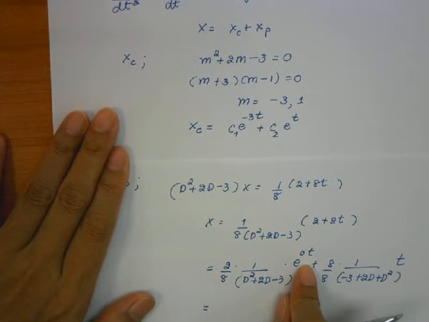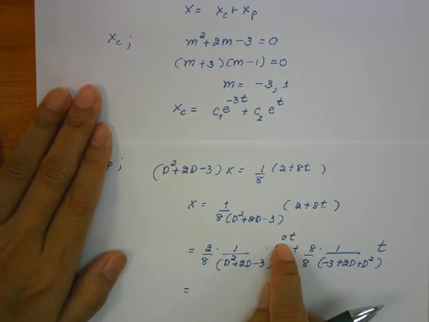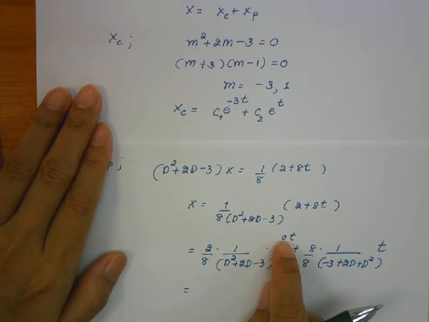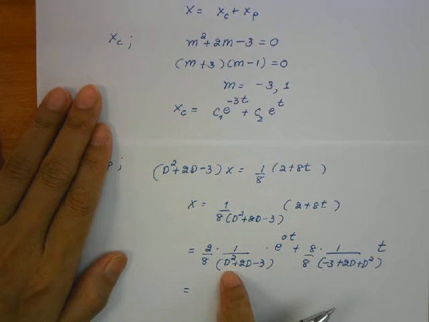For case 2, the exponential term, now our s is equal to 0. You put 0 in every term of your D, so you would get minus 3.